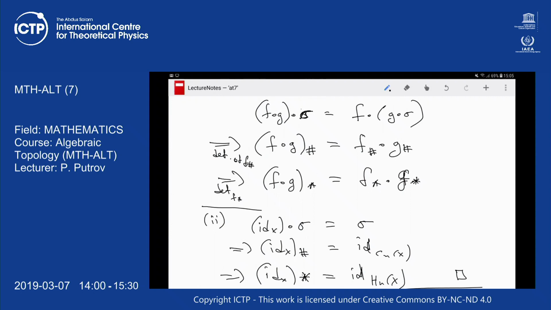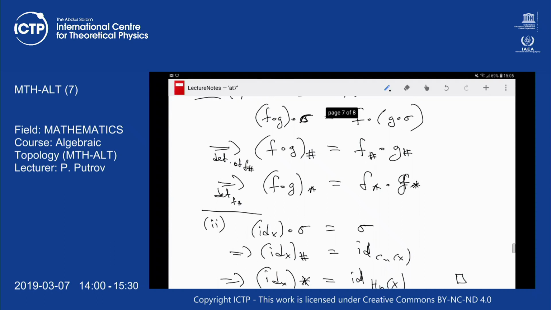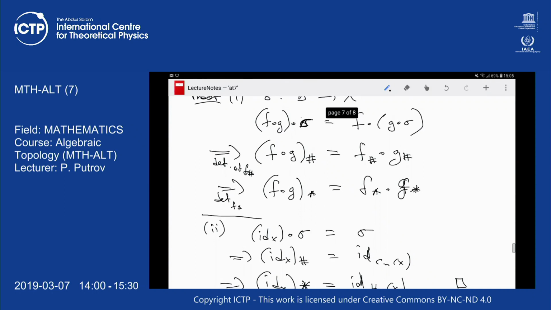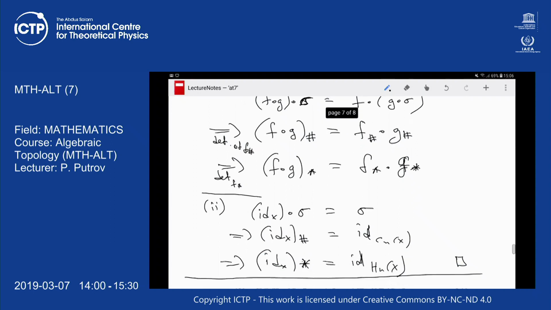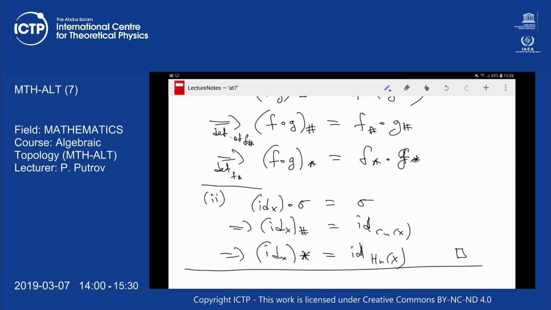I mean, just using the first part without using the definition. Well, because we have here that the homomorphism from the homology group of X to the homology group of X is itself a group. Well, I'm not sure, because you can end up with having some idempotent. Yeah, but we are in an abelian group.